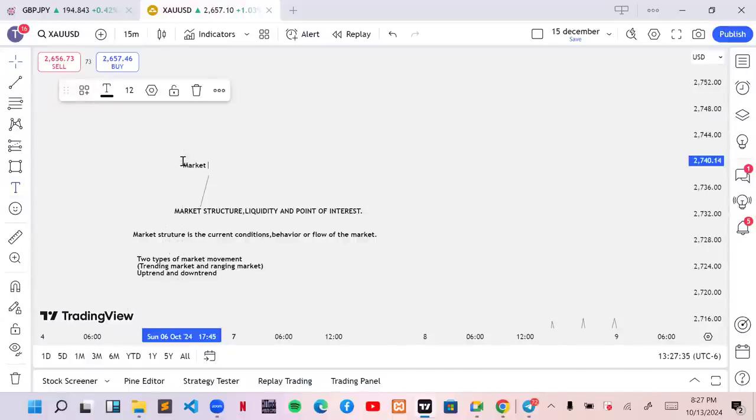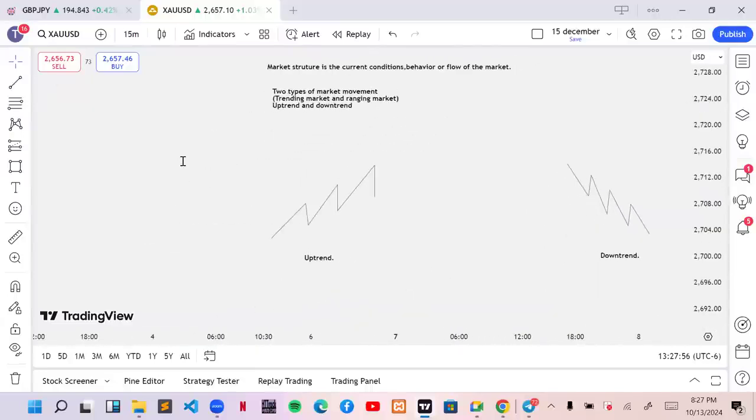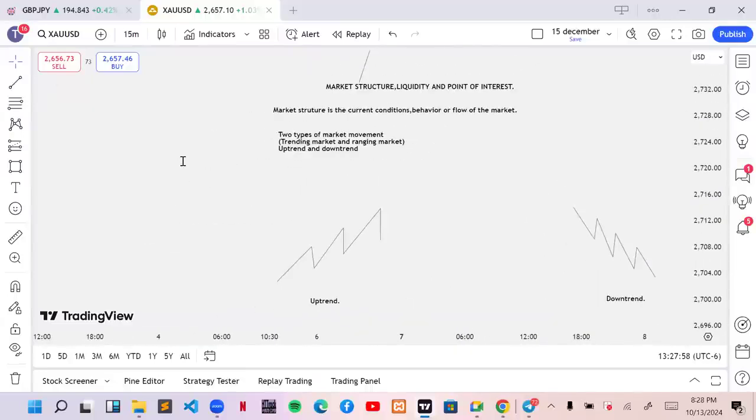Market structure shift. I'll first take what a market structure shift is. A market structure shift is an indication that the current trend is about to end and a new one is about to begin in the opposite direction. What do I mean by that? When the market is in an uptrend, the behavior of an uptrend is a series of higher highs and higher lows.